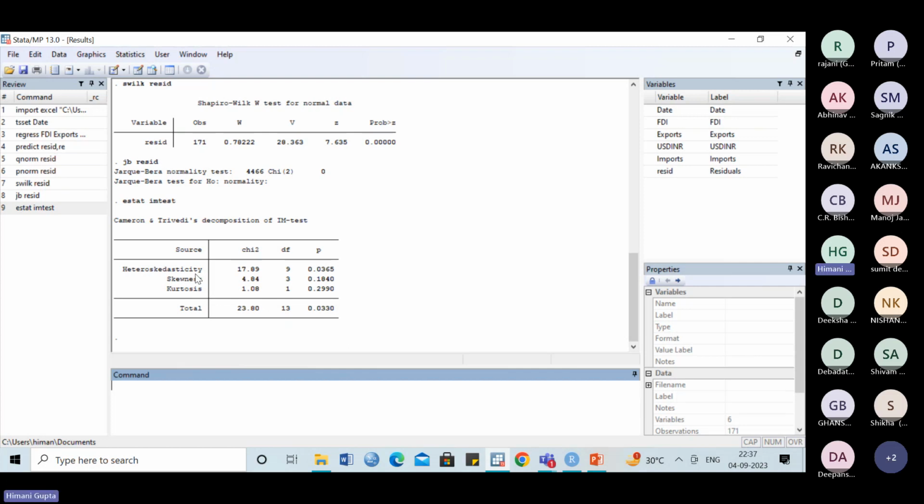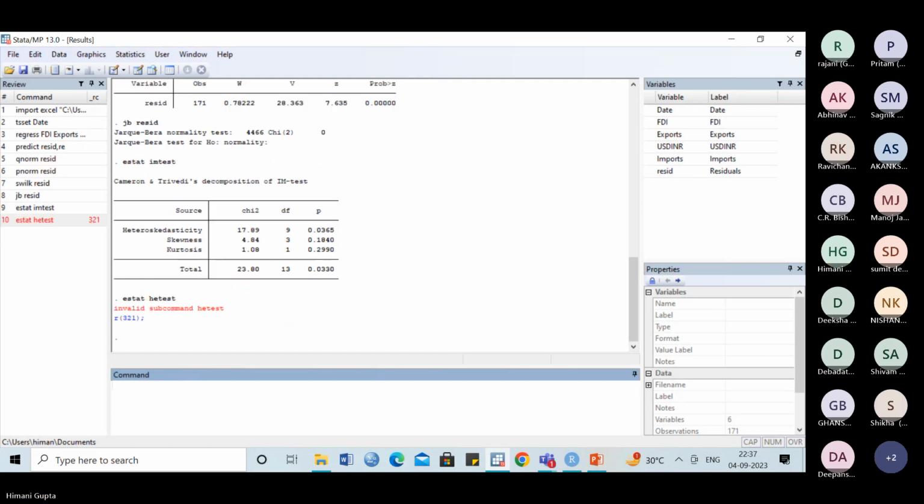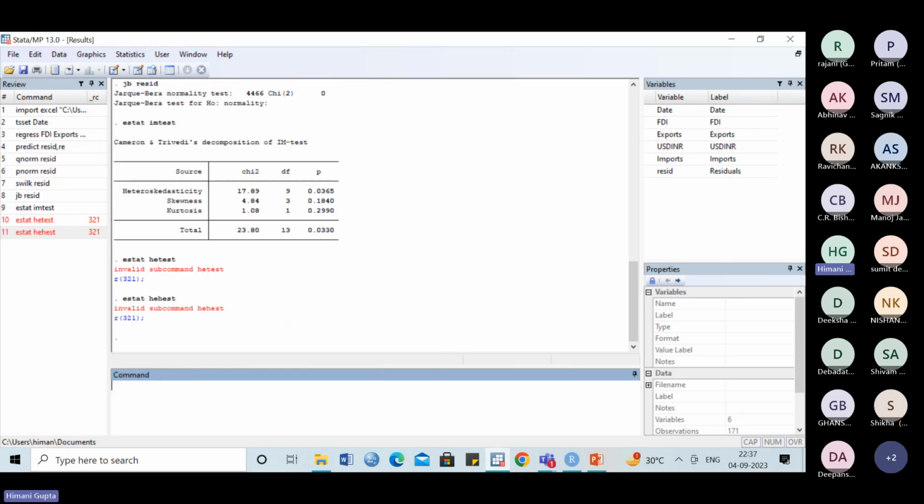And we can even check it by the Breusch-Pagan test also. For that, your command will be estat hettest. I think some command problem is there.